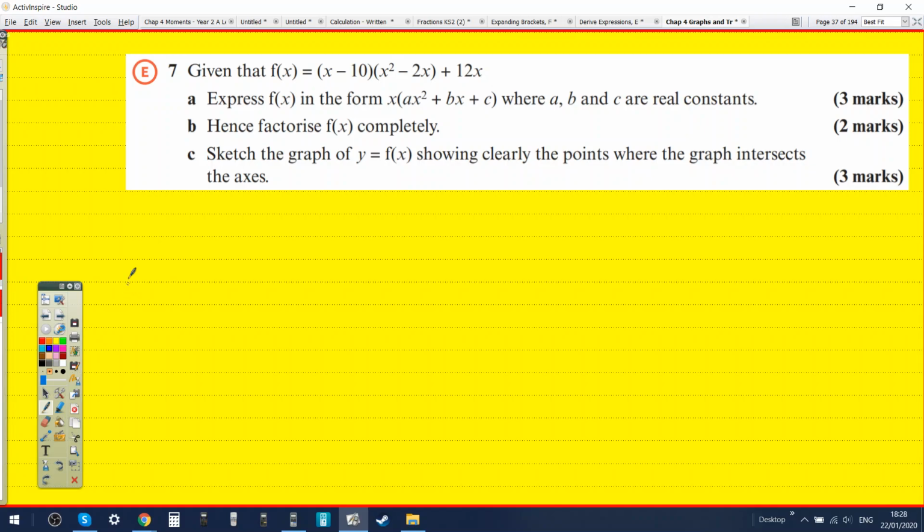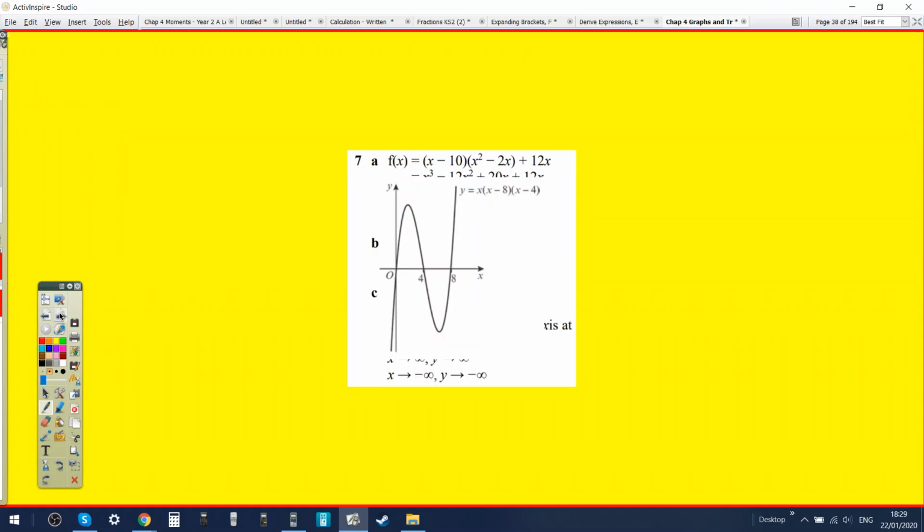No. That'd be the same as if it was like y equals or something. So you have to expand it out. And after you fully expand it? Fully expand, fully simplify. I think you'd be okay for that one.